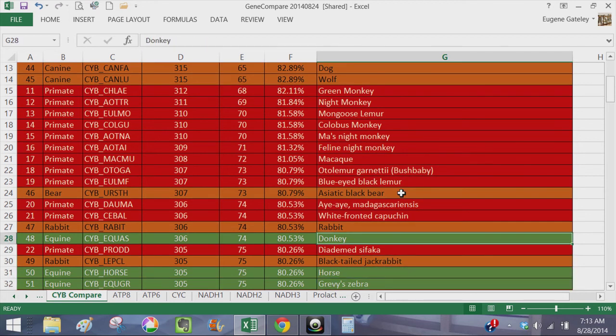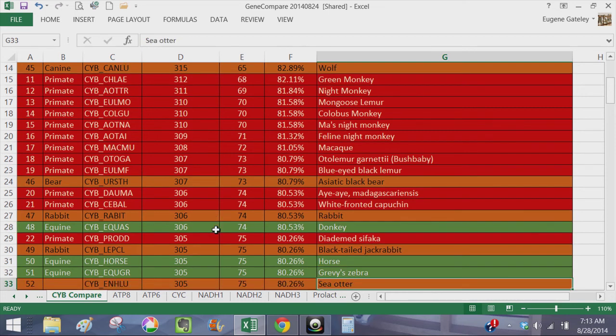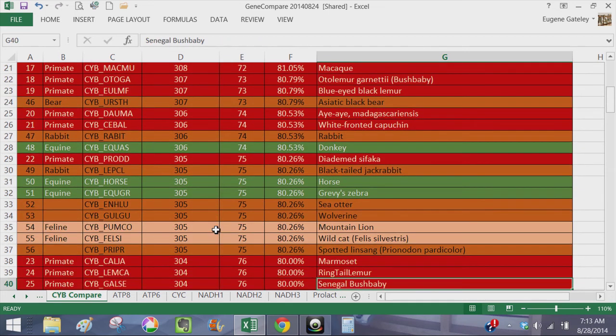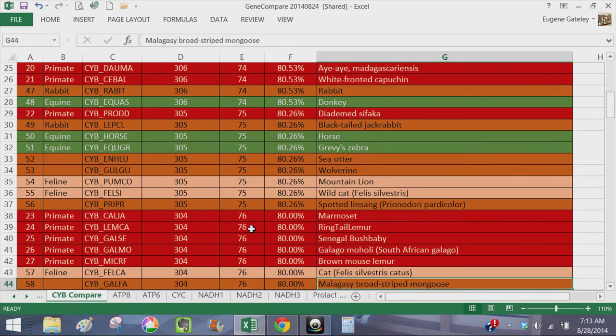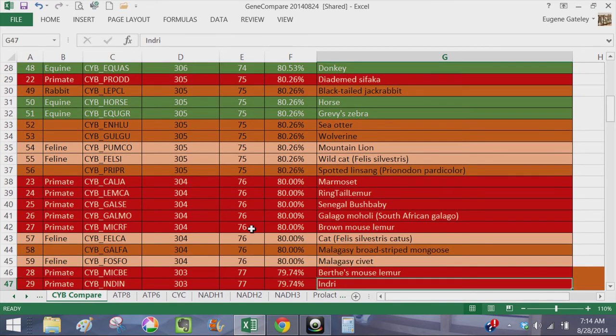And by how much? Let's see. We're talking about 1 amino acid difference between this primate and a donkey, where the donkey is more similar to human. But of course, when you go further down the list, you have donkeys, horses, and zebras more similar to human than marmosets, ring-tailed lemurs, bush baby, Senegal bush baby, South African galago, brown mouse lemur, and so forth.